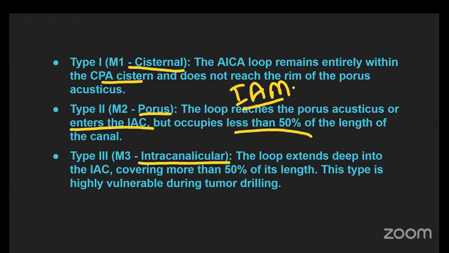And why is that a problem? It is a problem because when you're drilling the internal auditory canal, which you would eventually do if you want to do a complete resection of the vestibular schwannoma, you would have to drill open the internal auditory canal. Once you drill that open and you are unaware that it is a type 3 loop, you would inadvertently damage AICA.